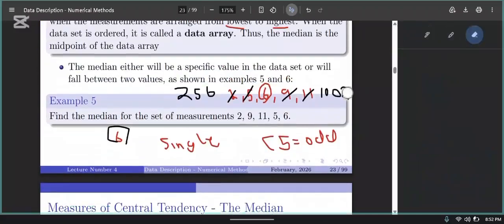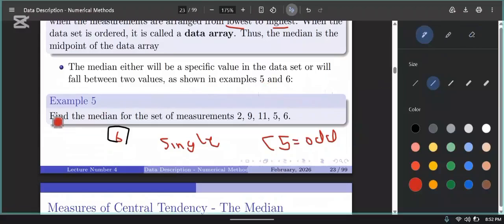So this was our first example. The question says find the median for the set of measurements. So this is the set of measurements. The first thing you do, you arrange them from the lowest to the highest. So it's going to be 2, 5, 6, 9, 11.